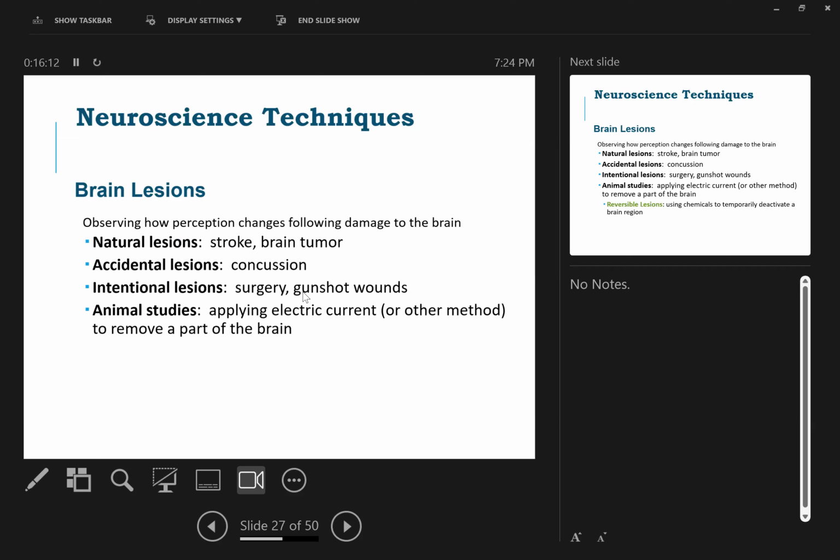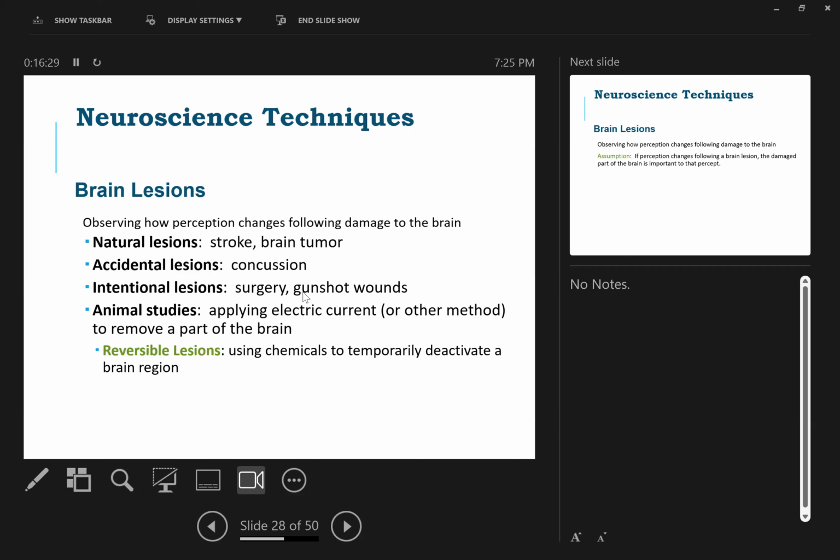It could be a gunshot during a war, which happened a lot. It could be surgery where you remove a piece of the brain, as I said, because of seizures or other reasons. Or it could be in animal studies where they basically zap a part of the brain with some electrical activity in order to study what this part was doing.